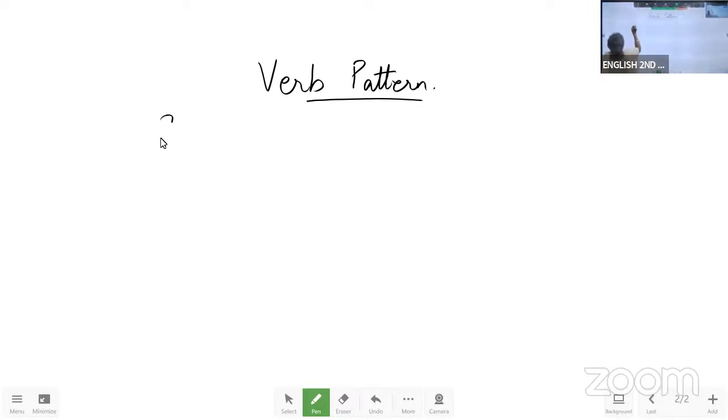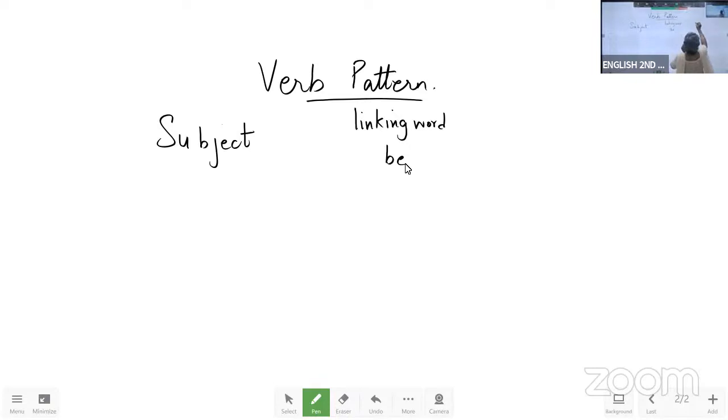It will be like subject, next will be linking verb be, and object.